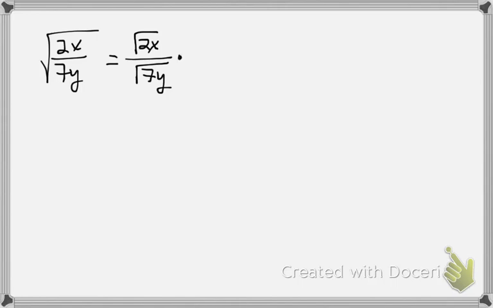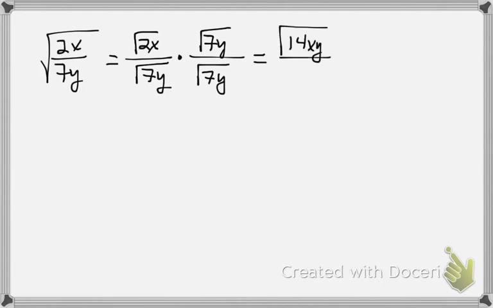In order to rationalize the denominator, we multiply both the top and bottom by square root of 7y. Did you guys all follow that okay? Right, if it's a square root, we need squares. That means 2 7s and 2 y's, which is how we're going to get this. So up top we get square root of 14xy, and on bottom we get 7y. Is that okay?